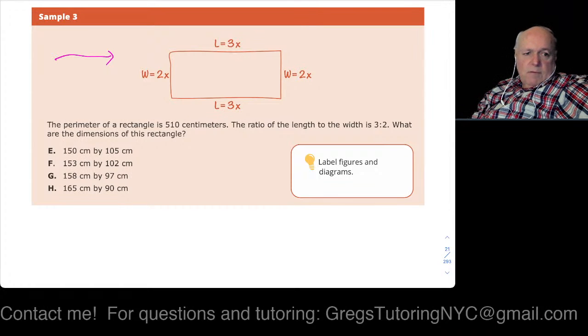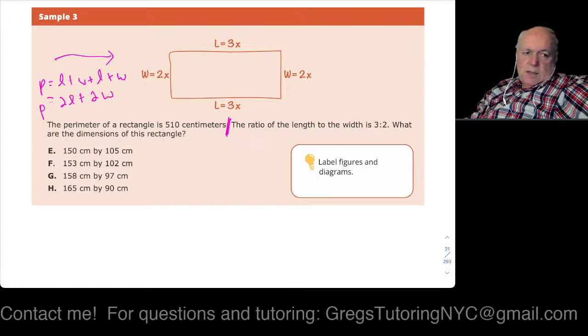So it says the perimeter of the rectangle is 510 centimeters. All right, so that means normally the perimeter of a rectangle is the length plus the width plus the length plus the width, or if you will, 2L plus 2W.